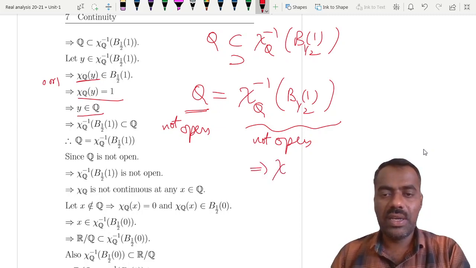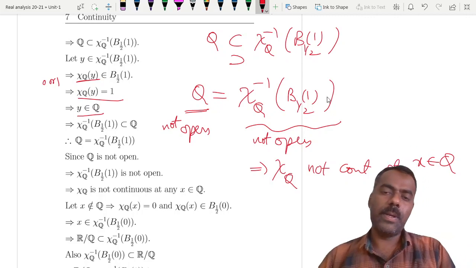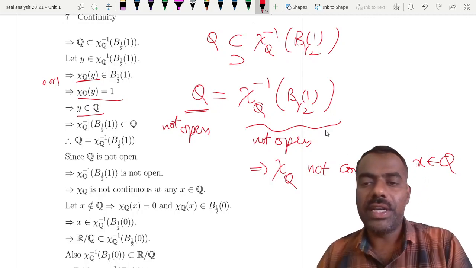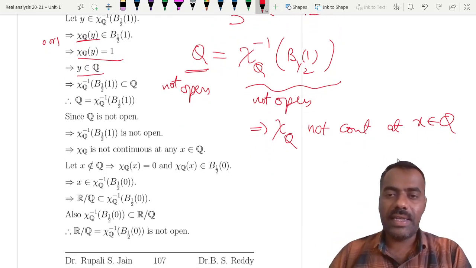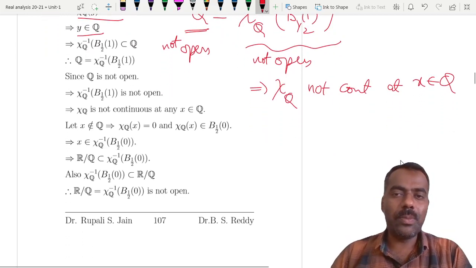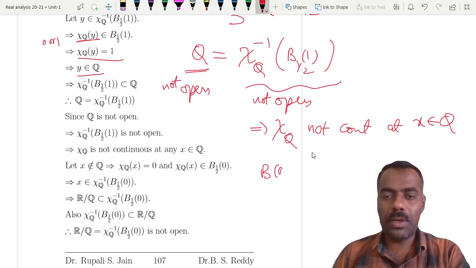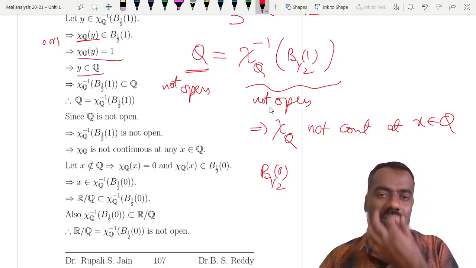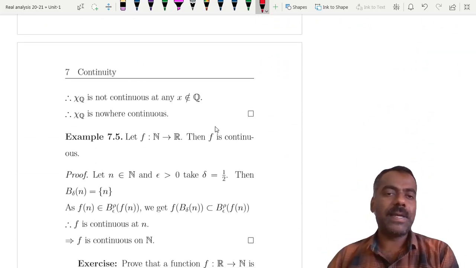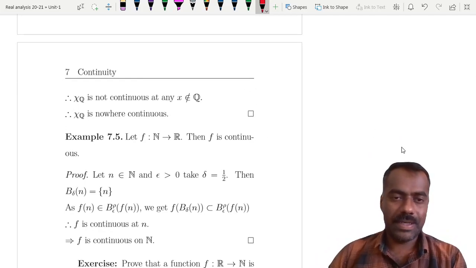That shows that chi q is not continuous at any x which is rational. In the same way, we show that it is not continuous at any irrational point. There, by selecting a suitable ball, obviously you select the ball around 0 of radius half, then this x belongs to here and so on. You do it the same way, and we can conclude that it is not continuous at any point, right?